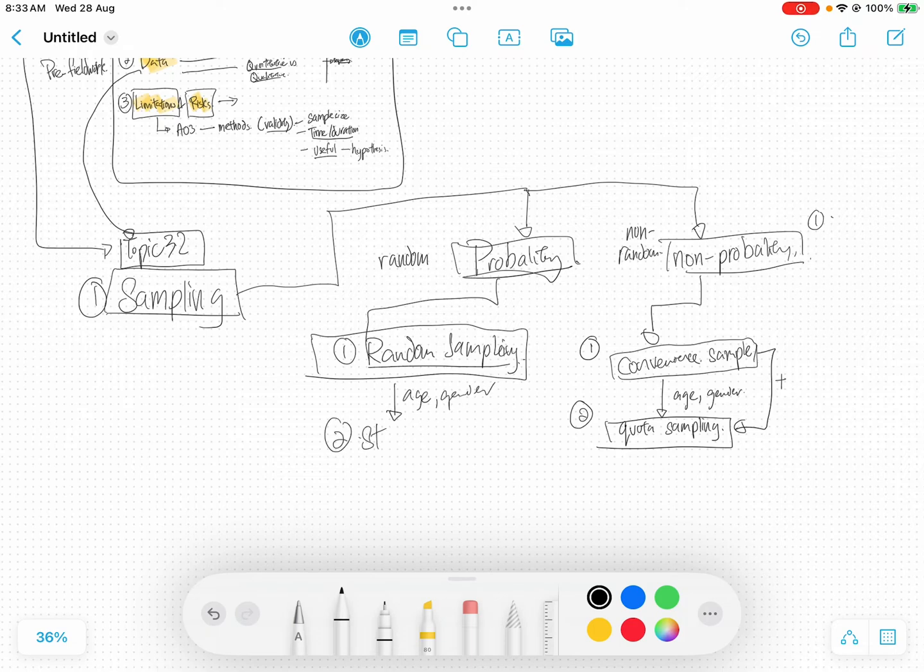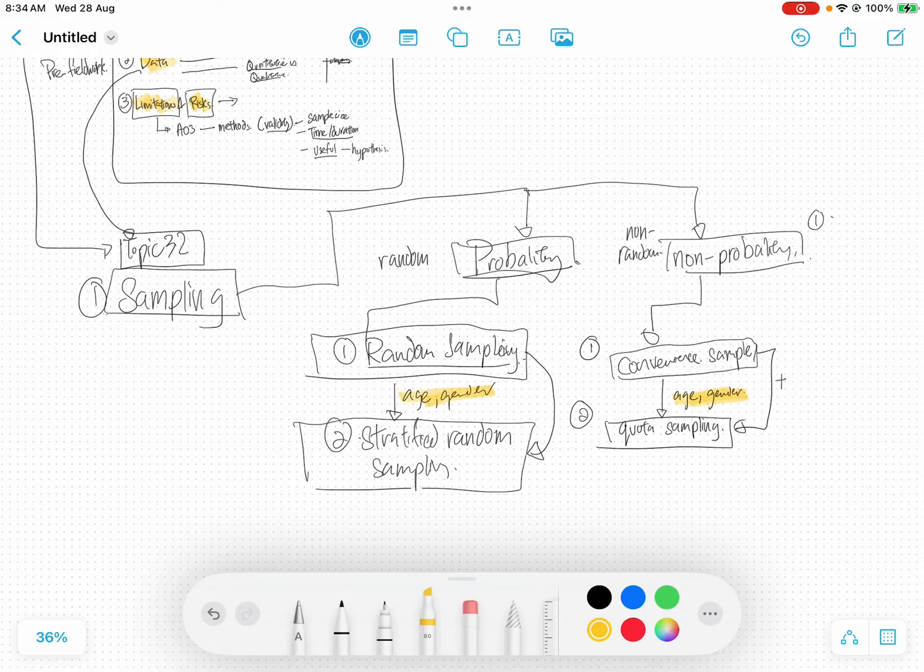And that will become stratified. Alright, so let's be clear about these sampling methods. It will become stratified random sampling. So random sampling is a subset of stratified random sampling. It is just a layer of age and gender being added.